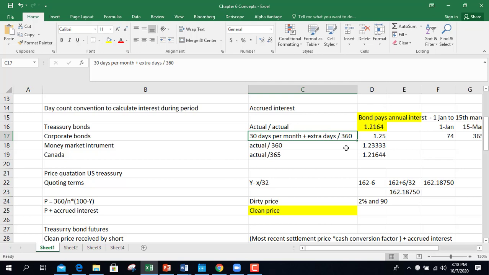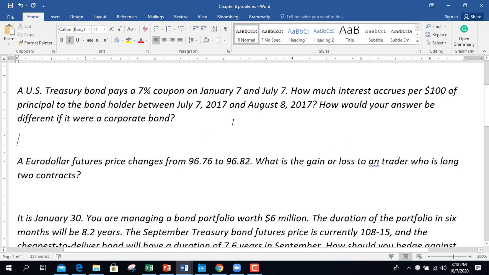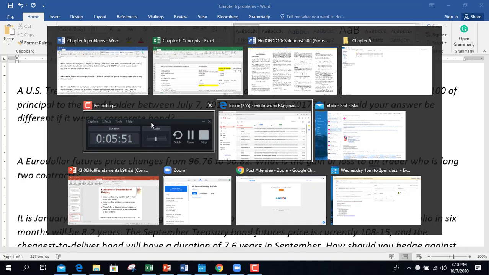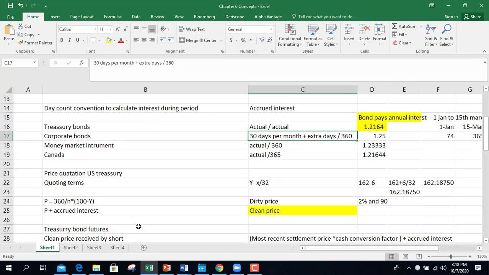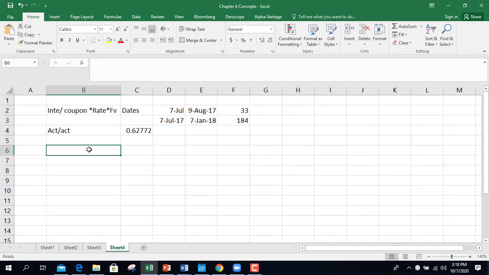So 30 days from July 7th to August 7th plus 1 extra day for August 8th.